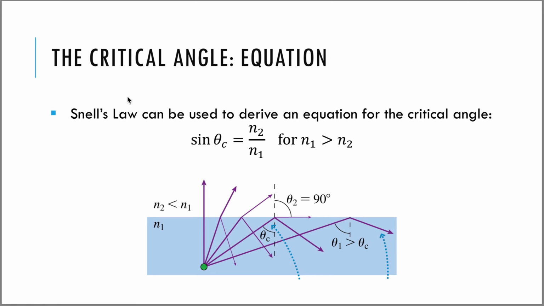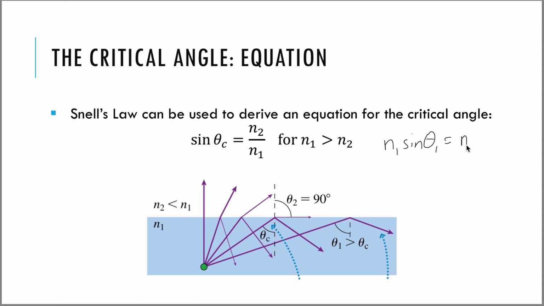Here is the equation that we can use to figure out the critical angle for any given material. We can use Snell's law to derive this, and I actually like to show this derivation. It's very quick and a good little example.